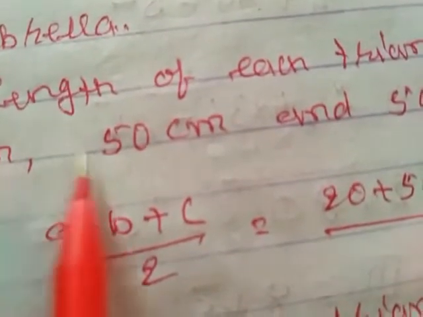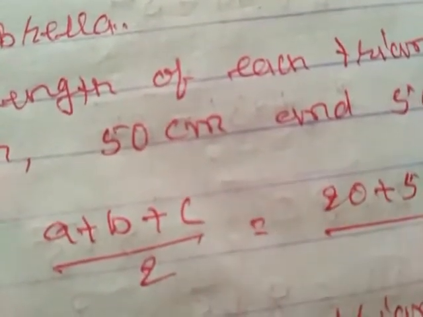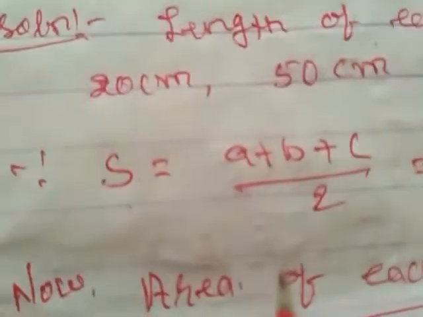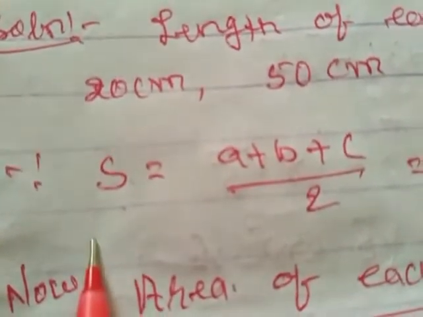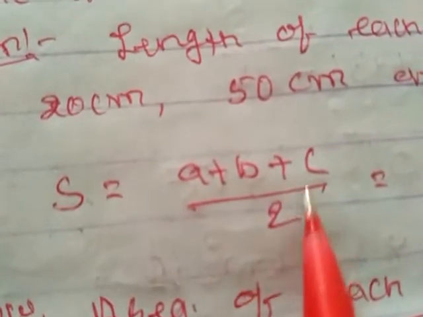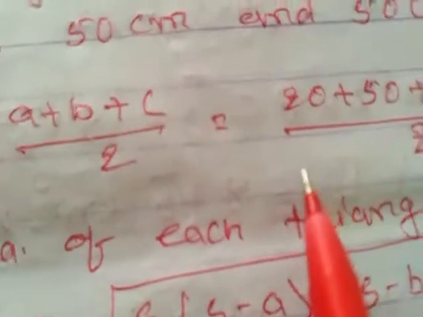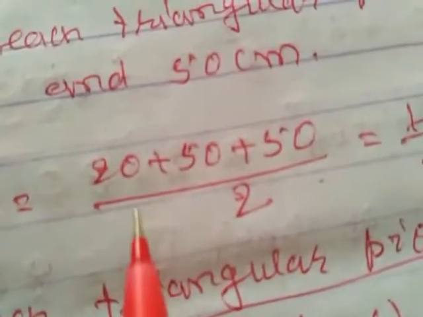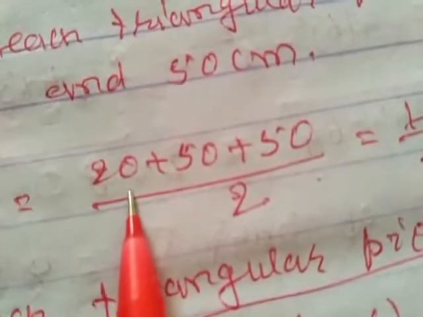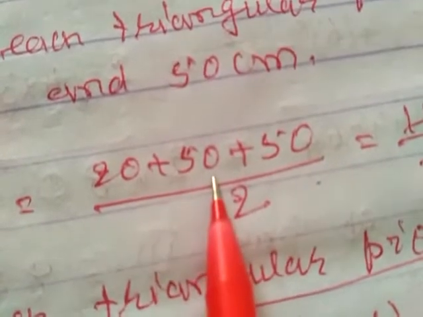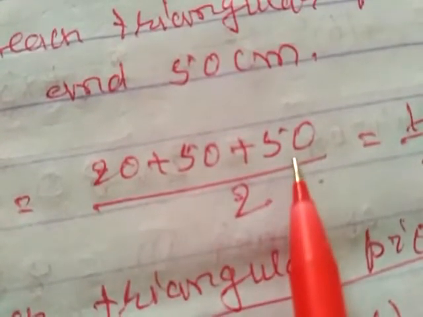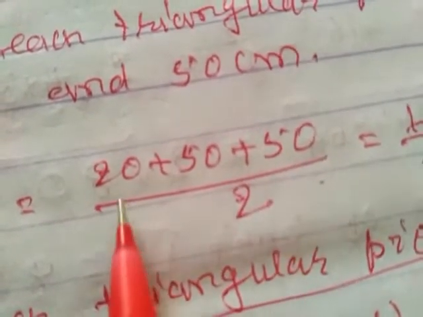So, taking these three sides as the sides of the triangle, first we calculate its semi-perimeter. That is S equals (A plus B plus C) by 2. So, on further moving, we put the value A equals 20 centimeter, B equals 50 centimeter and C equals 50 centimeter.